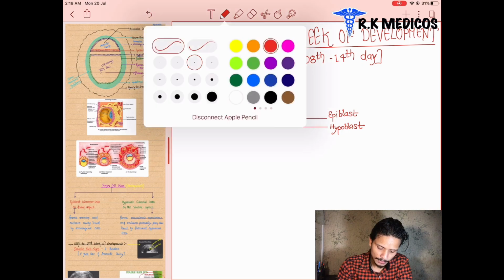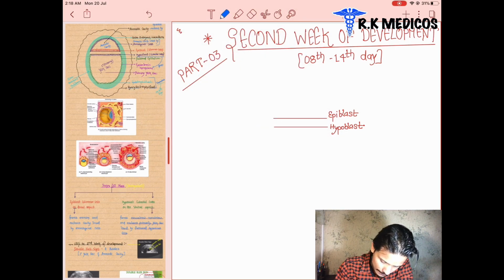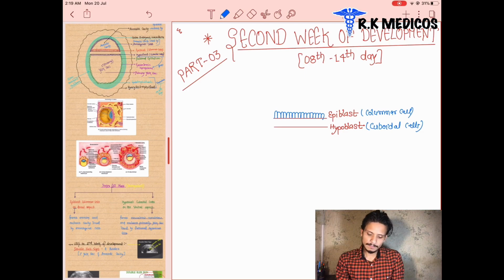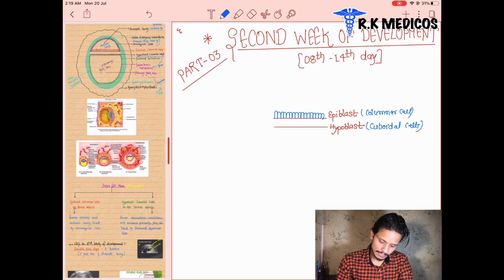From the epiblast and hypoblast, special types of cells form. The epiblast cells are columnar in nature, and the hypoblast cells are cuboidal in nature.